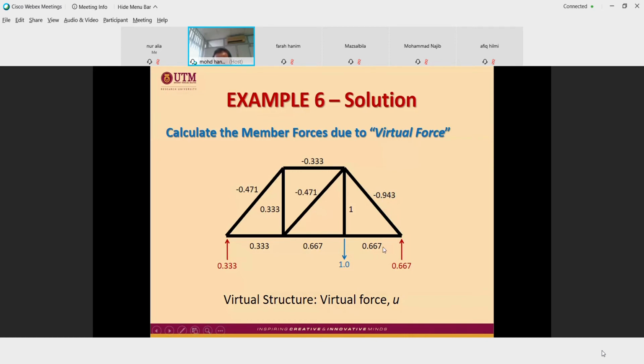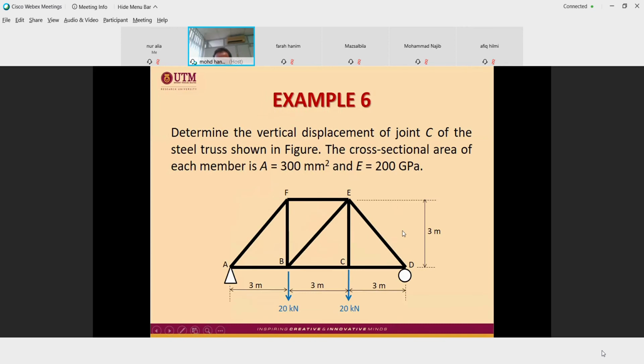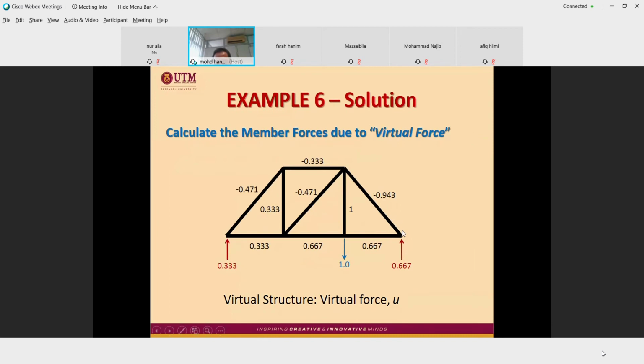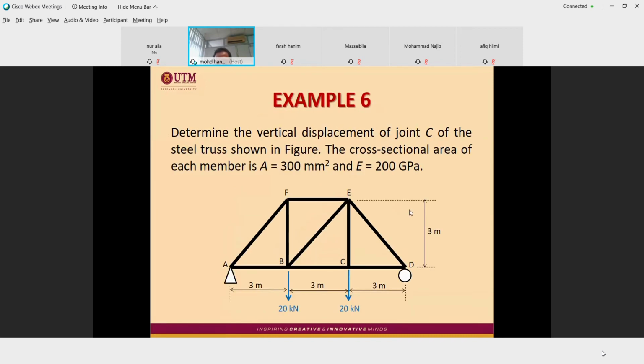For example, 0.943. What is this? This one is equal to 0.667 multiplied by the distance, multiplied by 3. So this one 3, this one 3. So what is this? 3 square root 2.